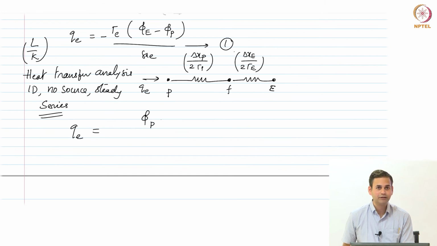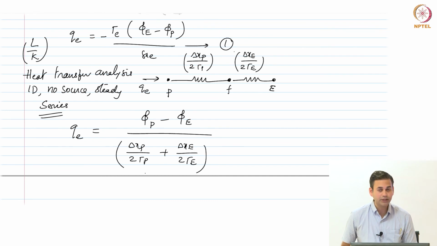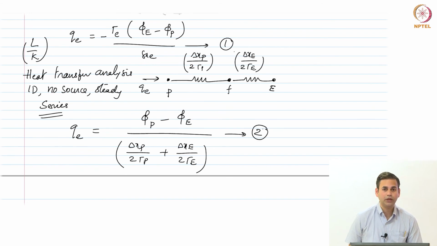Phi P minus phi East, is that correct? Divided by what would be the resistances? Sum of these two, this will be delta x P by 2 gamma P plus delta x E by 2 gamma E. Is that correct? That is what we have from a 1D heat transfer analysis. So, this is equation 2, okay.